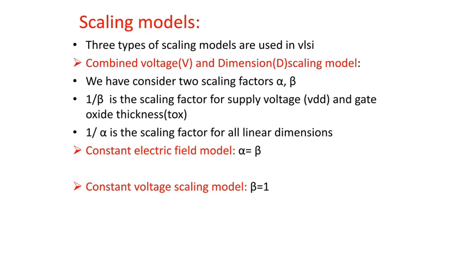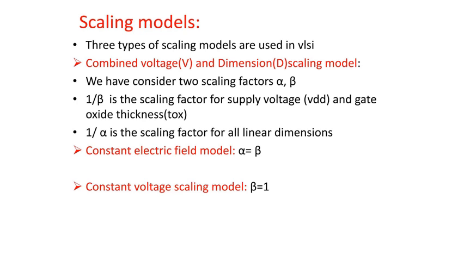So this results in a reduction of the power supply voltage, which can lead to lower power consumption, faster operation. But it sometimes requires increasing the doping density to maintain the charge field relation.